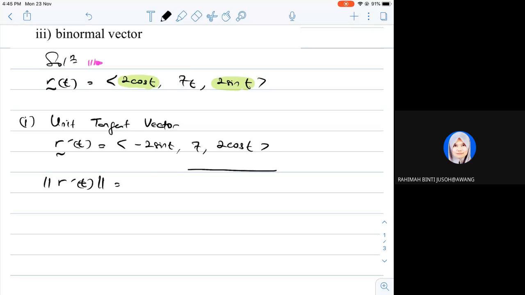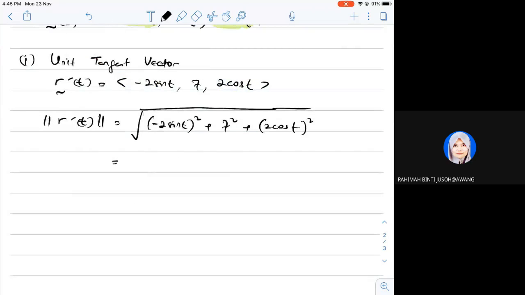The formula is to put the square root sign, and then we have negative 2 sin t squared plus 7 squared plus 2 cos t squared. Then we expand this: square root of 4 sin squared t plus 49 plus 4 cos squared t.